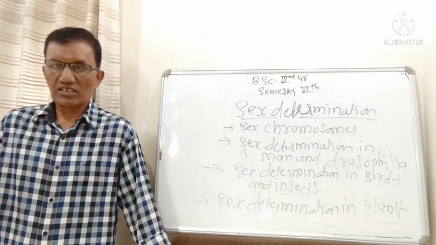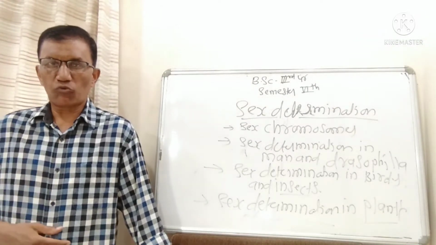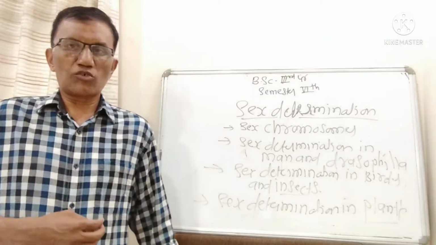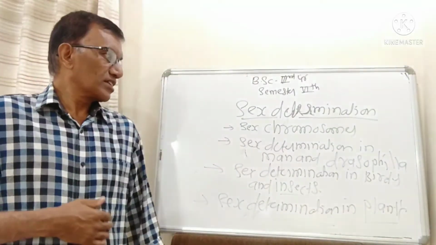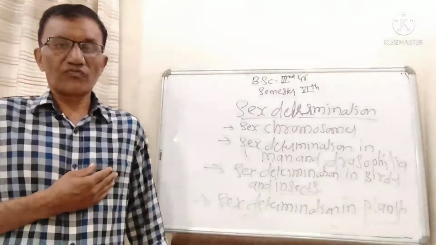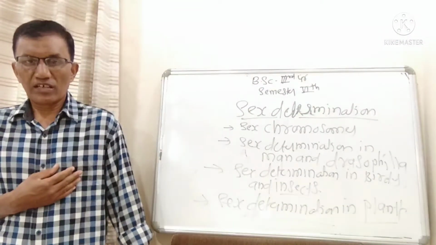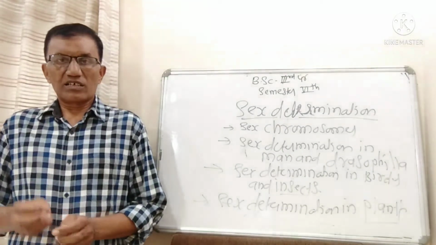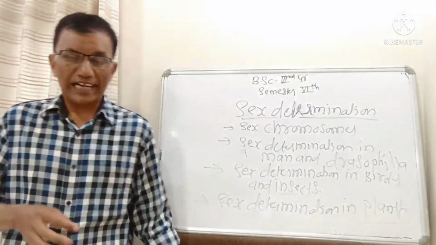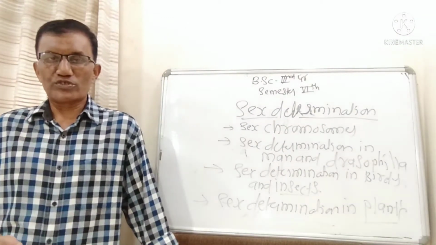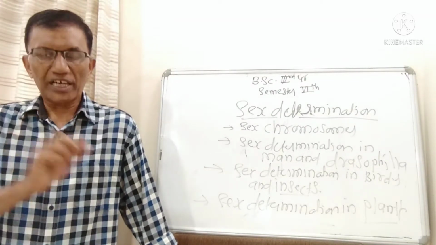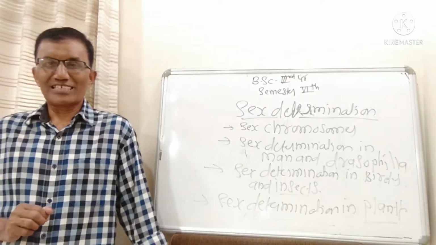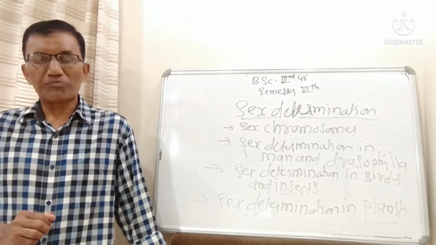Then the position or locality of the ovum. There were some other things that were explained, but later certain scientists worked on the chromosomes. There are autosomes, and along with the autosomes there is a pair of chromosomes. For example, in a human being there are 23 pairs of chromosomes.